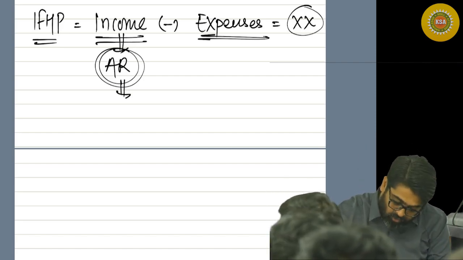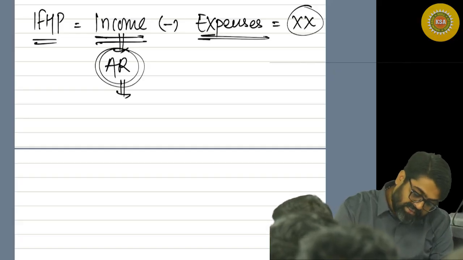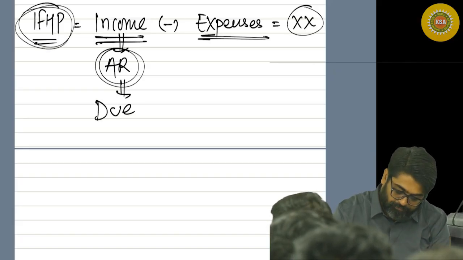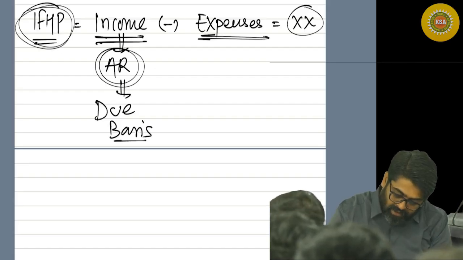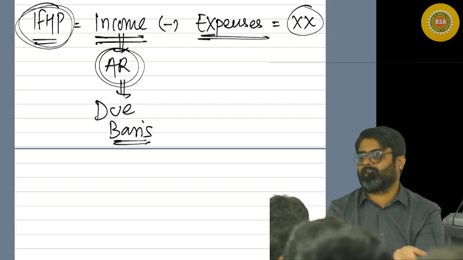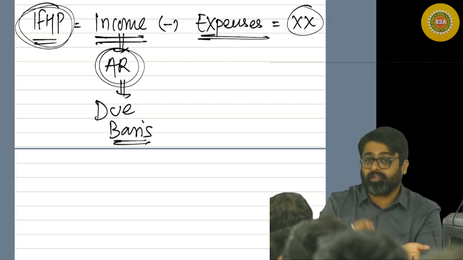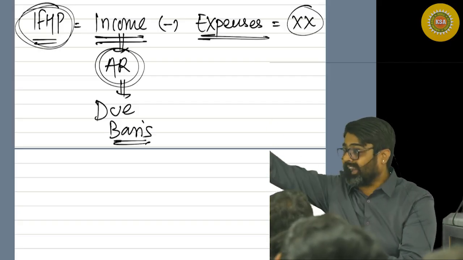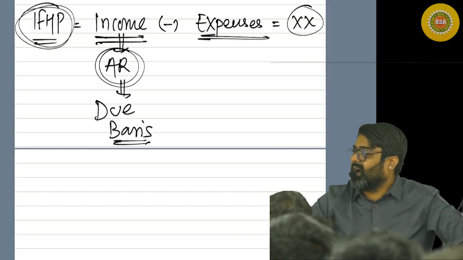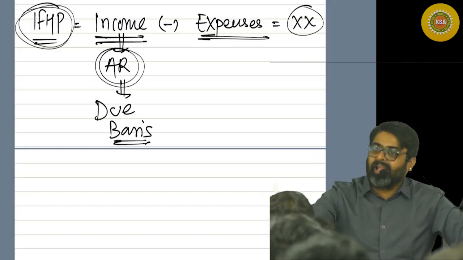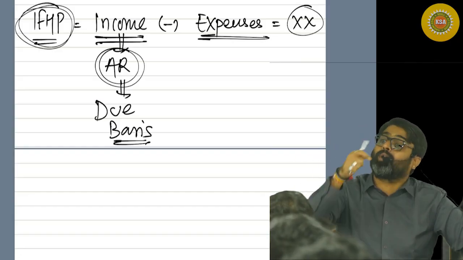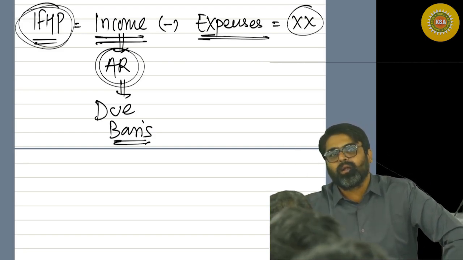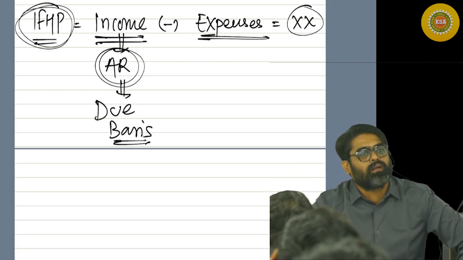Meaning, actual rent is your income which is taxable under the head house property. On what basis? Whatever rent becomes due in this year, whether you have received it or it is still receivable, is getting taxable in this year, no? So if you are taking the taxable income on due basis, then the expenses should also be allowed on due basis. Hence the interest is allowed on due basis.